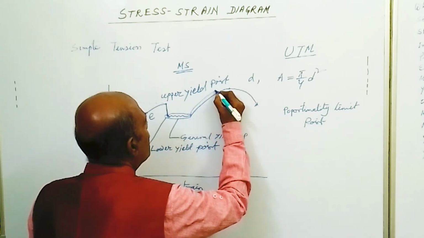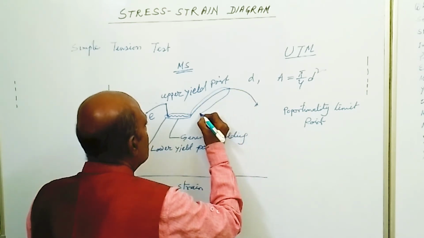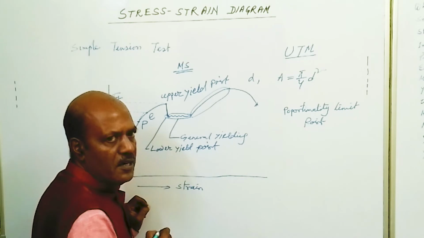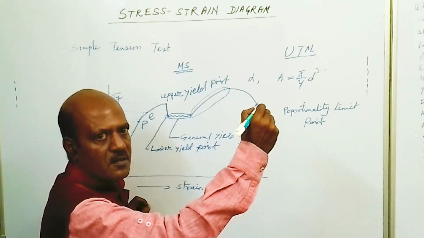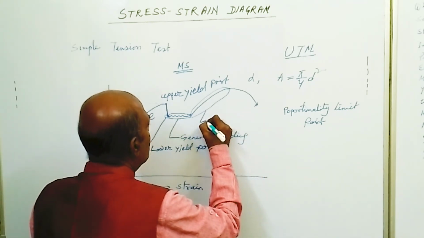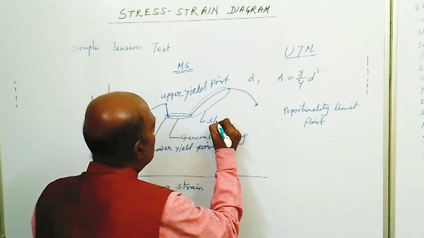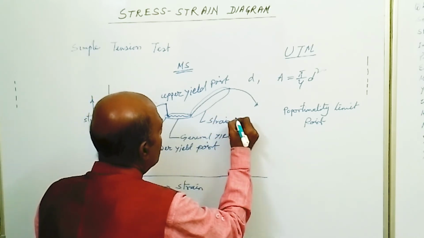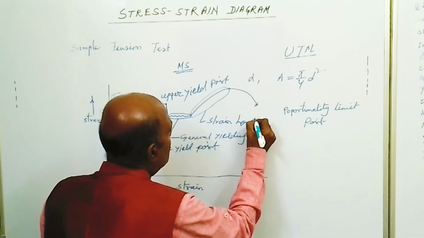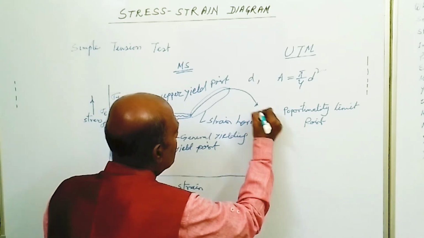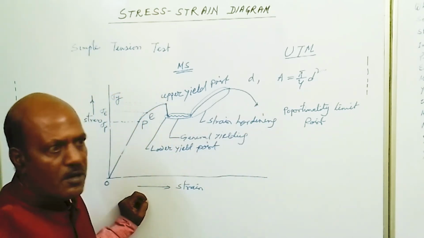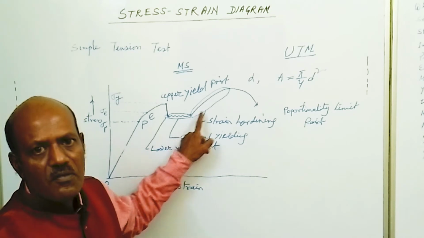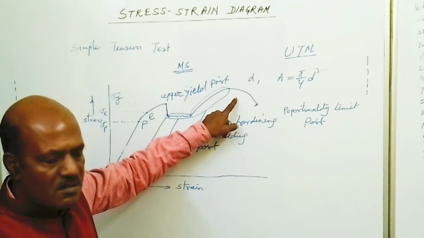If we see, the stress required increases, and that is because of a phenomenon called strain hardening. Because of this strain hardening phenomenon, the stress required for further deformation increases.